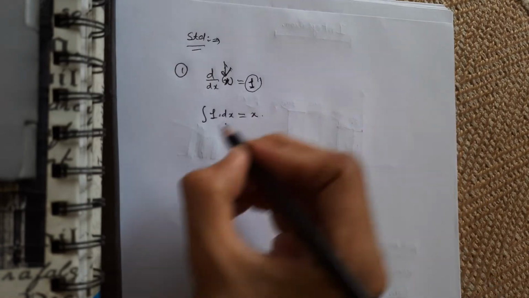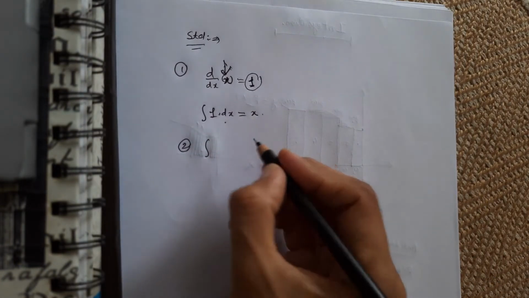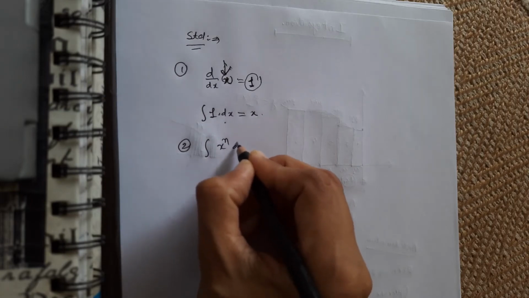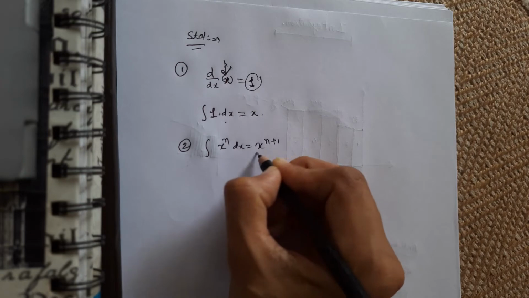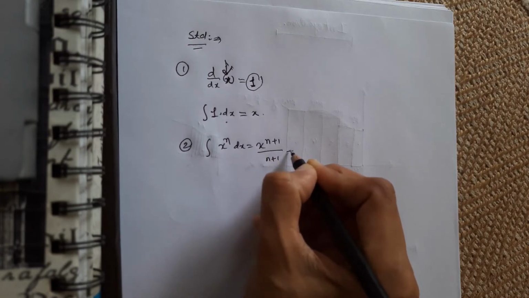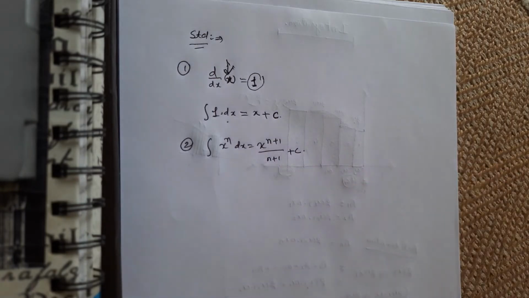The second formula that I want to discuss is the integration of x to the power n dx is x to the power n plus 1 upon n plus 1 plus c. Now what is this c? This c is an arbitrary constant, and it is there whenever we take the integration.